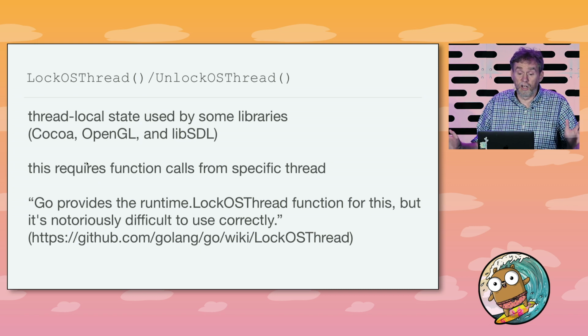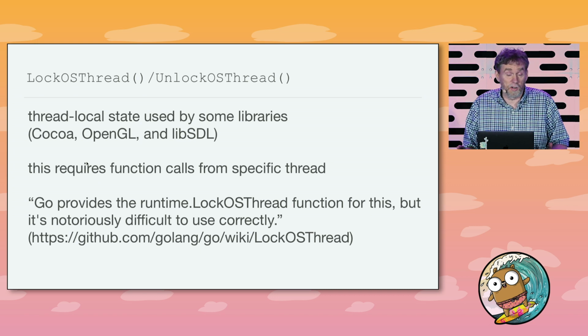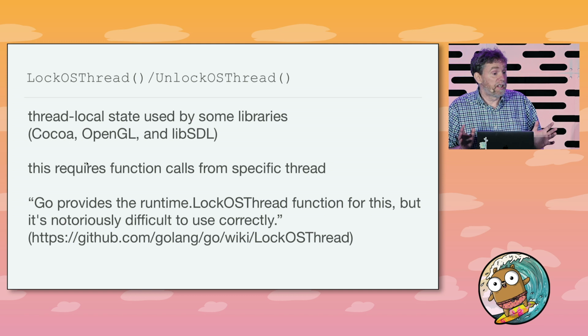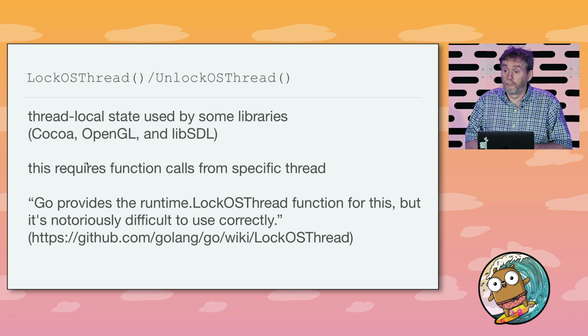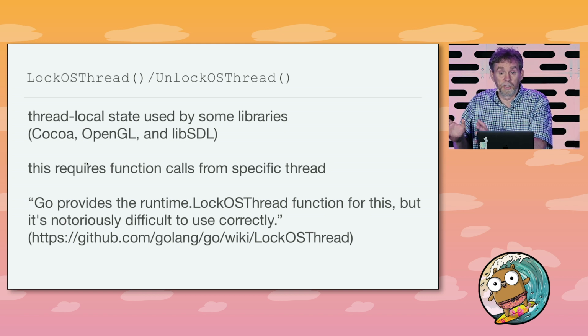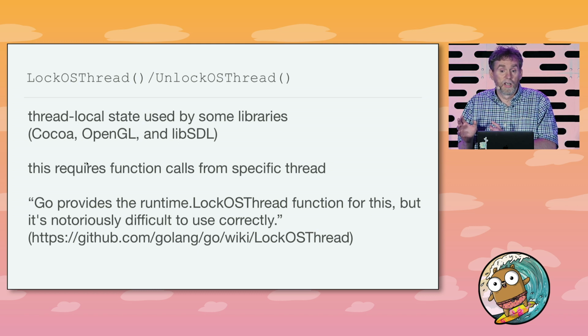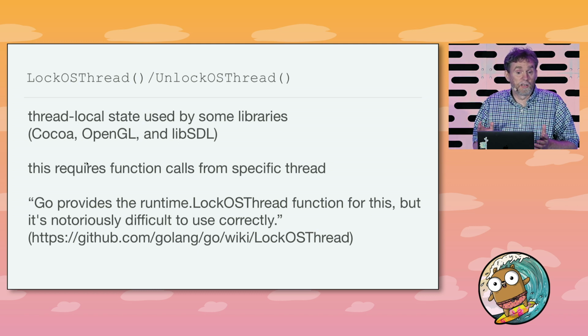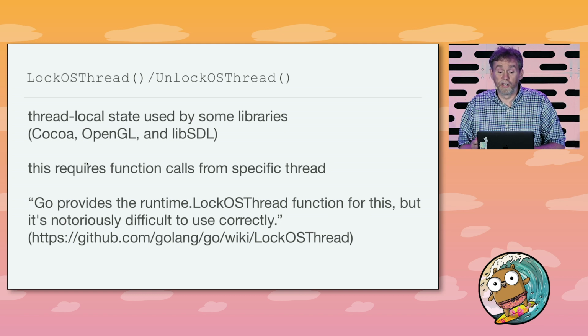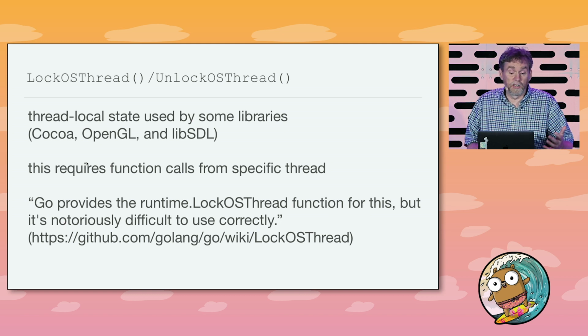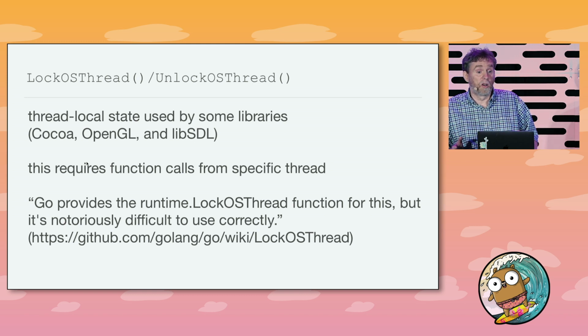All right, LockOSThread, the mysterious LockOSThread. Remember what that does. It says, look, this goroutine needs to run on a particular thread. It really can't run on some other thread. It turns out there are a couple reasons why that's important. One of them is that certain libraries, like Cocoa and OpenGL and so forth, use thread local state.